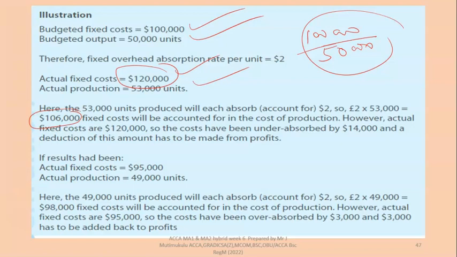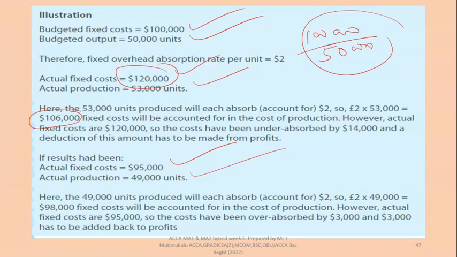Similarly, if the result had been actual fixed cost 95,000 and actual production 49,000 units, here the 49,000 units produced will each absorb $2, giving $98,000 of fixed costs, which would be accounted for in the cost of production. However, actual fixed costs were 95,000.